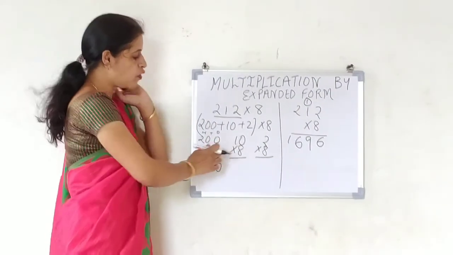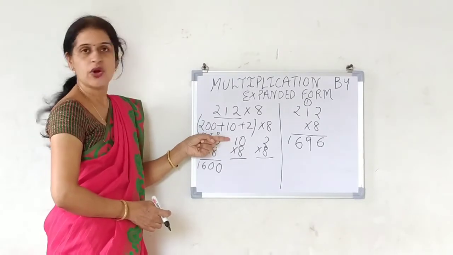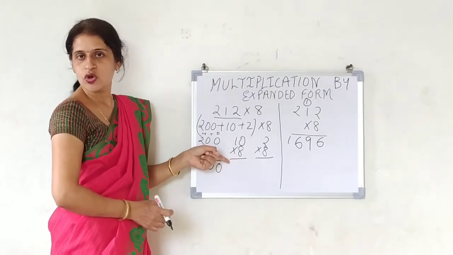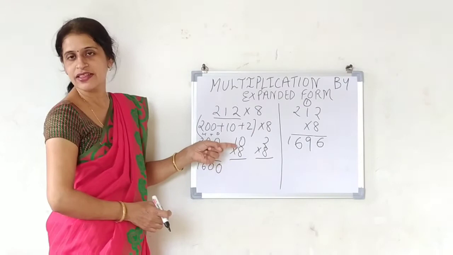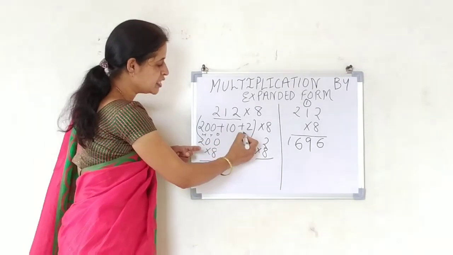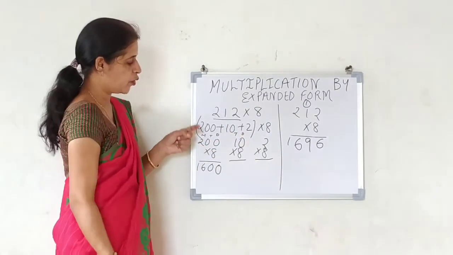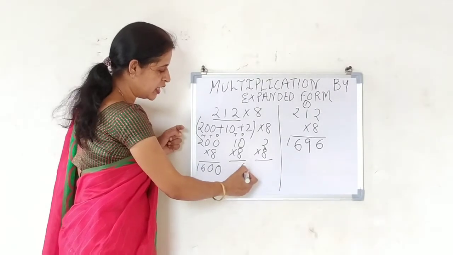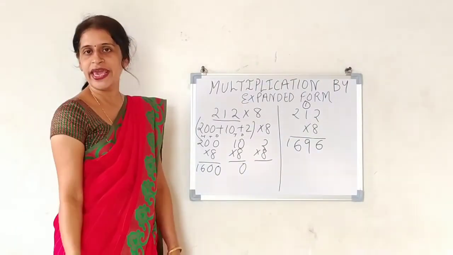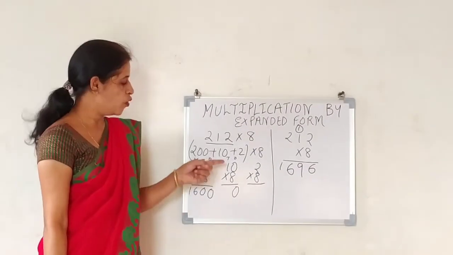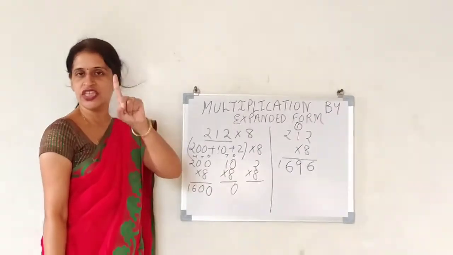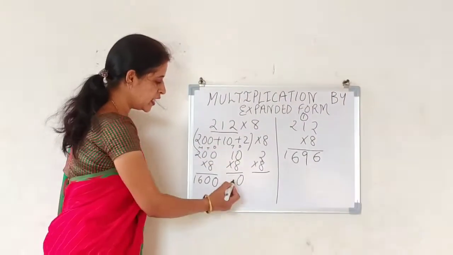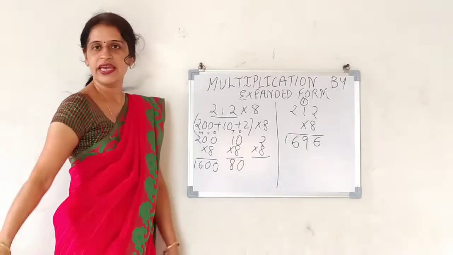Now let's move on to the next number, 10 into 8. So first we multiply what? We multiply the ones place. In the ones place we have 0. Anything multiplied by 0 is 0. So 0 into 8 is 0. Now move on to the tens place. What do we have? Digit 1. 1 into 8 is 8.